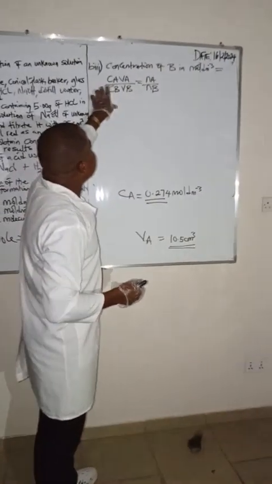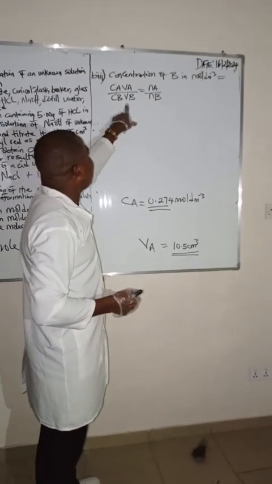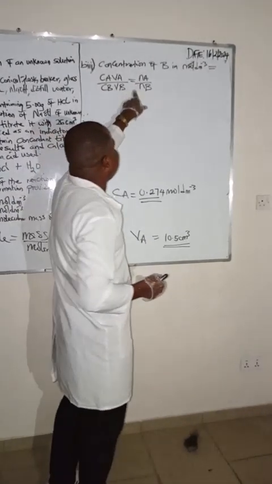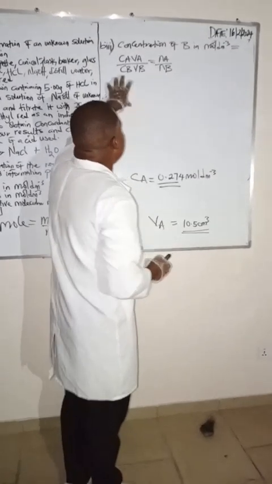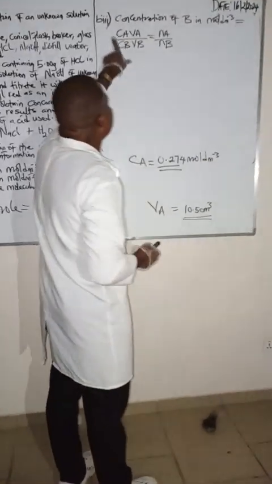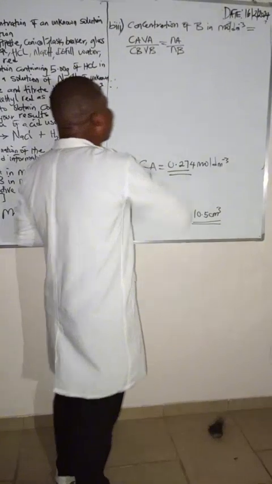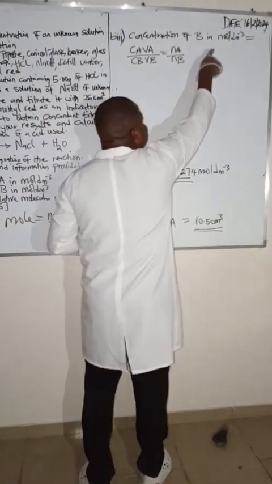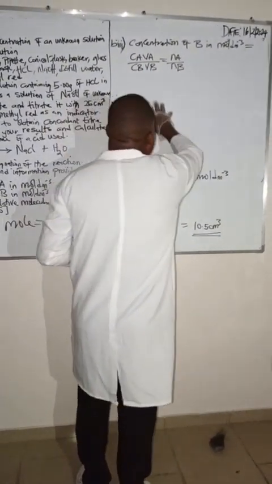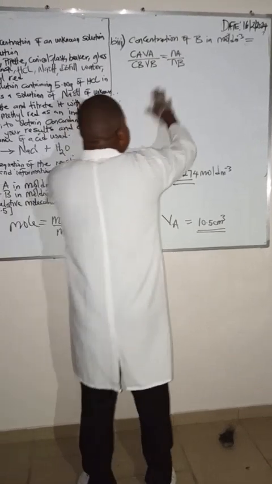Now, CAVA over CBVB is equal to NA over NB. We are going to make CB the subject of the formula because we are asked to calculate the concentration of B in mole per dm cube. Are you following? This is our titration formula.